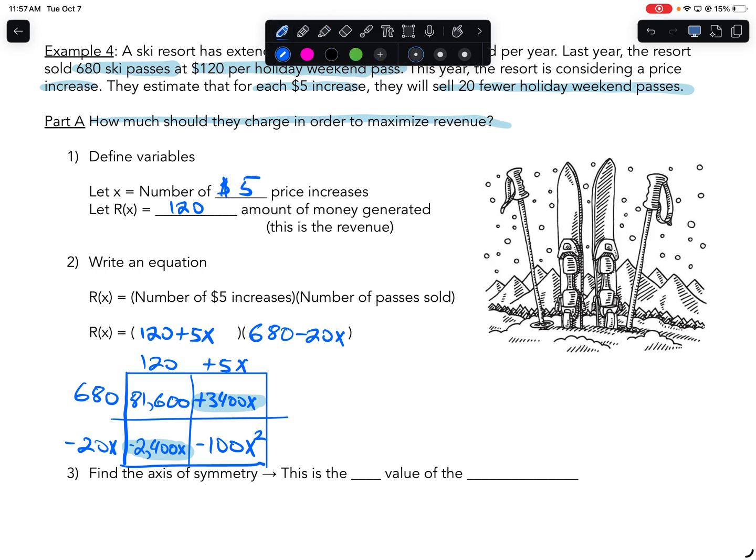Doesn't really matter though. So my equation, my R of x, revenue of x, is negative 100x squared. So 3,400 minus 2,400 is 1,000x.